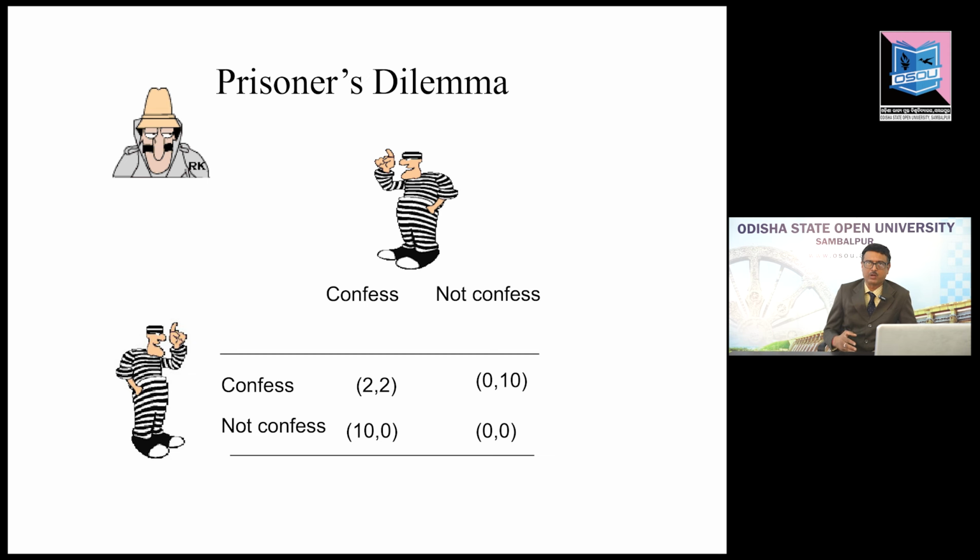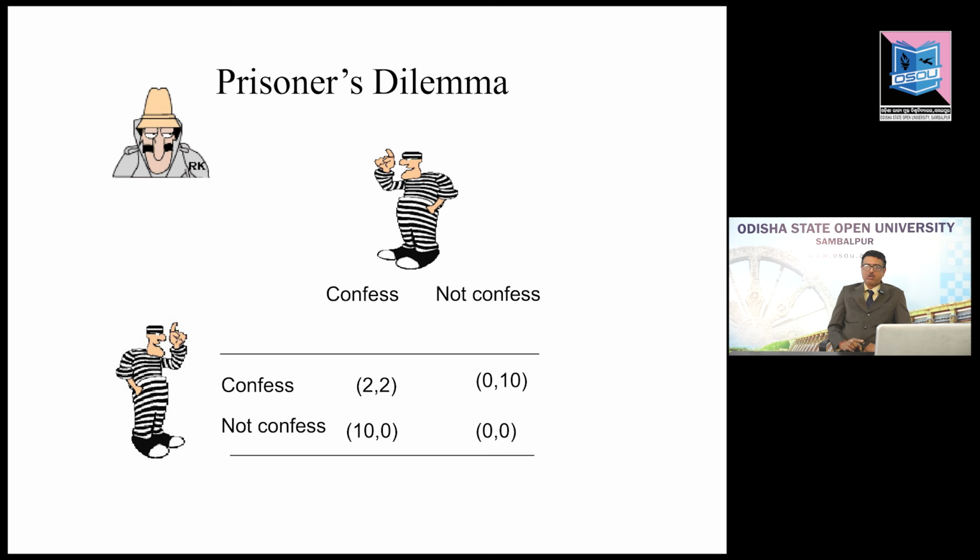The rules of the game were formed and have to be observed by the players, and the players are also aware of the outcome if they adopt a particular strategy. Now, the police authority told them: suppose you confess and your counterpart, your friend, is also confessing, then both of you will get 2 years of imprisonment. Suppose you are not confessing, your friend will be let free and you will get a punishment of 10 years of imprisonment.